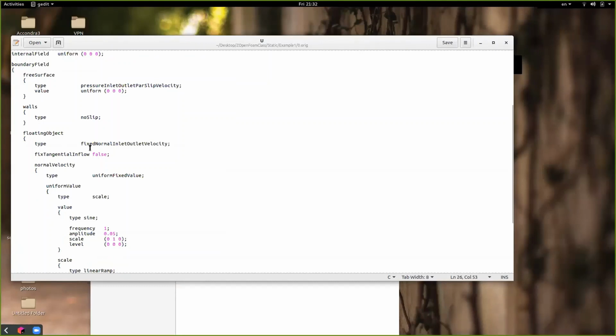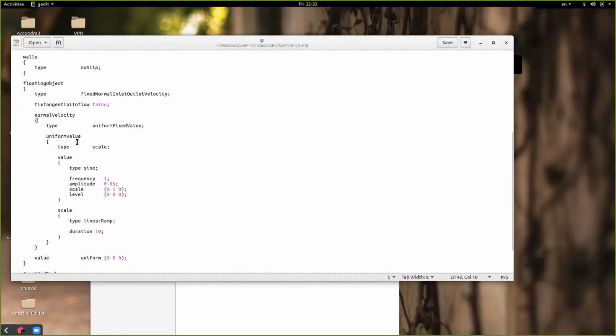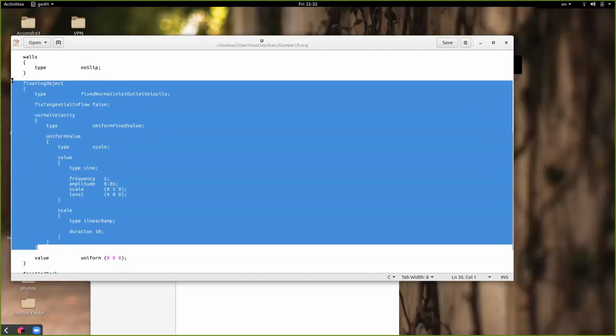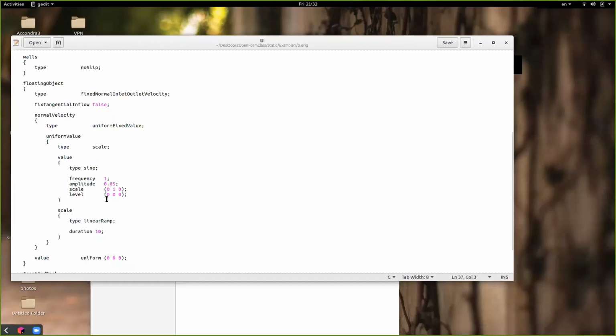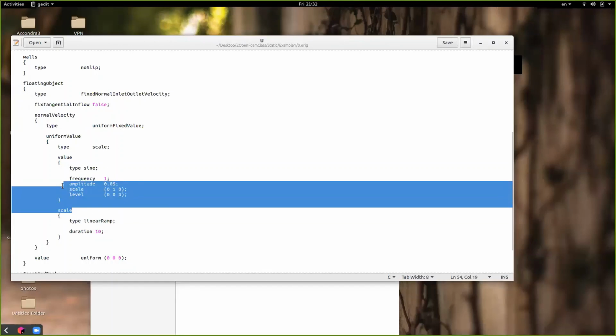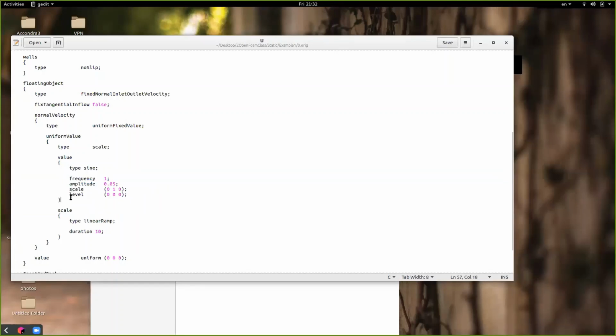And in addition, for the case of the floating body, we prescribe a type of oscillation motion, and it is defined by velocity. So we define the velocity to have a fixed value, and this fixed value is prescribed over here. So at any constant time, the value is prescribed, and the value on the wall is something harmonic with a frequency of 1 hertz.